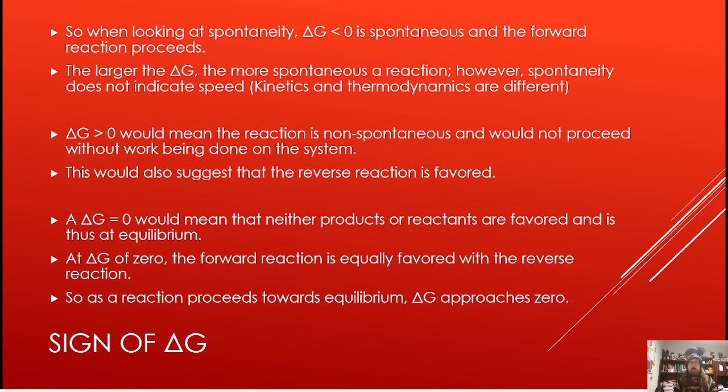When a system is at equilibrium, the Gibbs free energy has essentially run out, and the reaction essentially stops. The forward reaction is equally favored with the reverse reaction. As a reaction proceeds, the Gibbs free energy should slowly increase until it gets to 0. That's how all Gibbs free energies should set up.